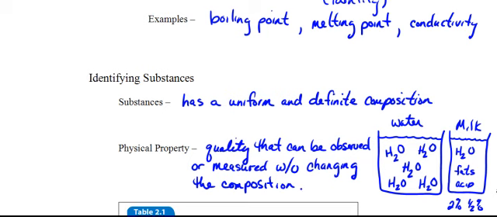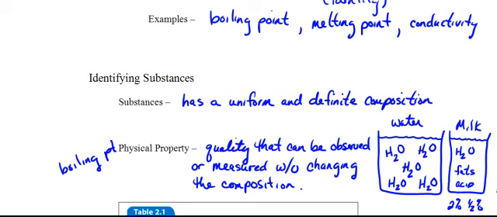Now, some examples. I don't have an example box. We're going to write it off to the side. Let's go back to melting point or boiling point. The boiling point is a property that you can observe without changing what it is.